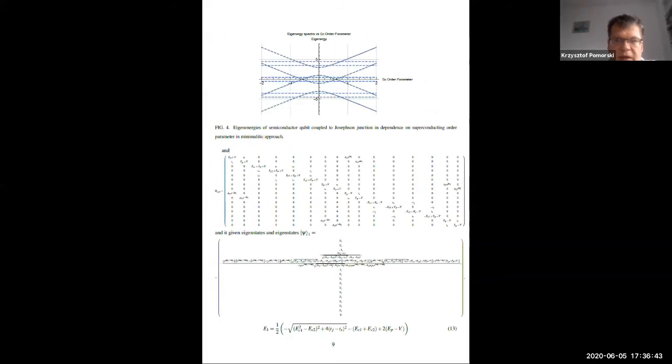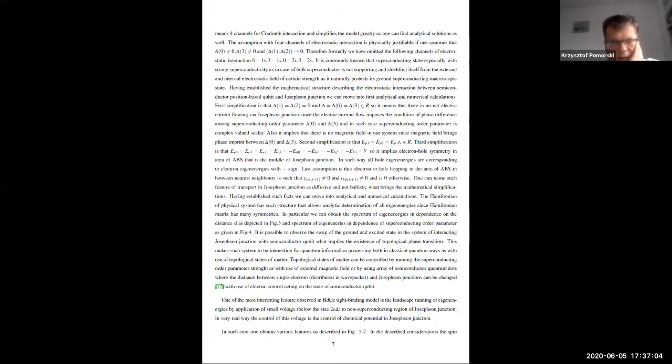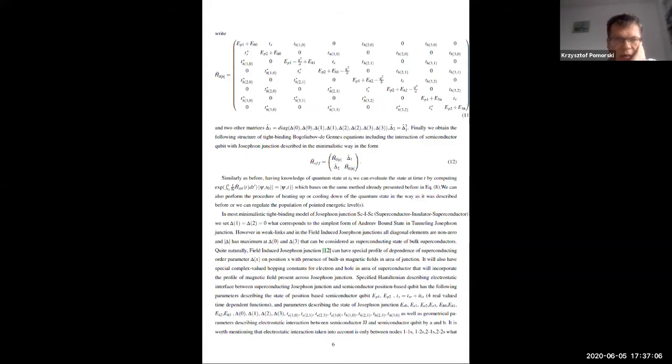So let me first inspect some of the results. Everybody can simulate this type of equation, which I just considered for a coupled semiconductor qubit and Josephson junction. Maybe a few more remarks before I move to some numerical results.